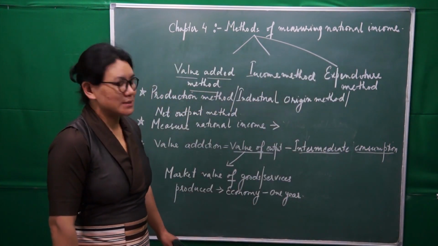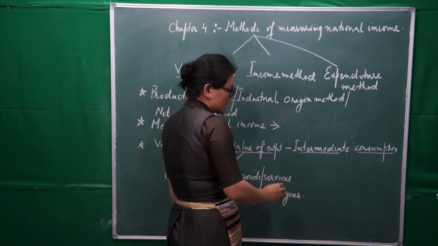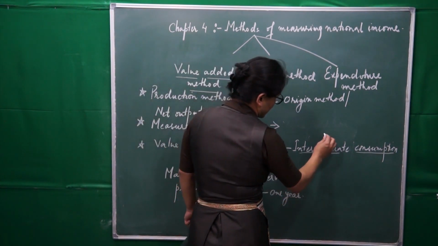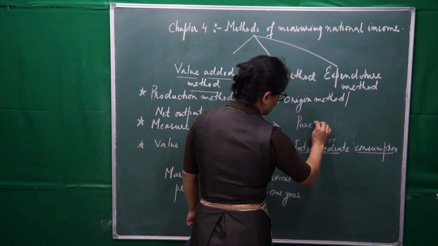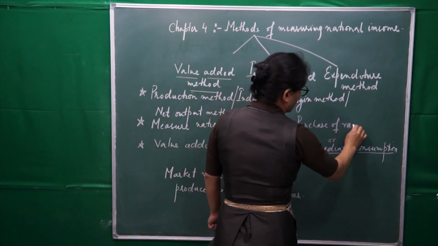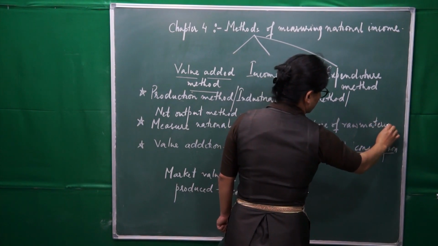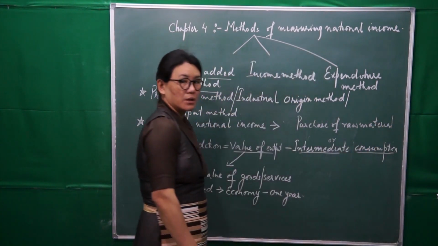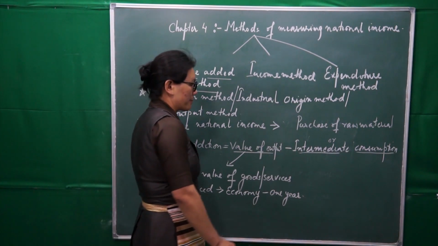Now, intermediate consumption is also called, or we can say, it is purchase of raw material. Okay, purchase of raw material.